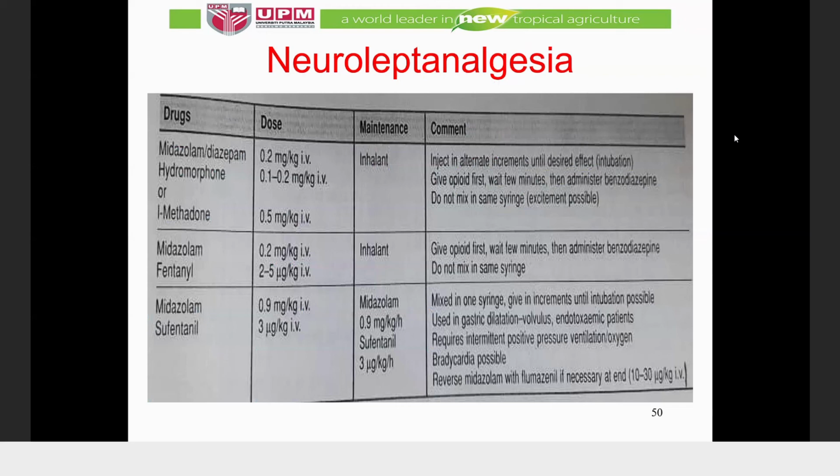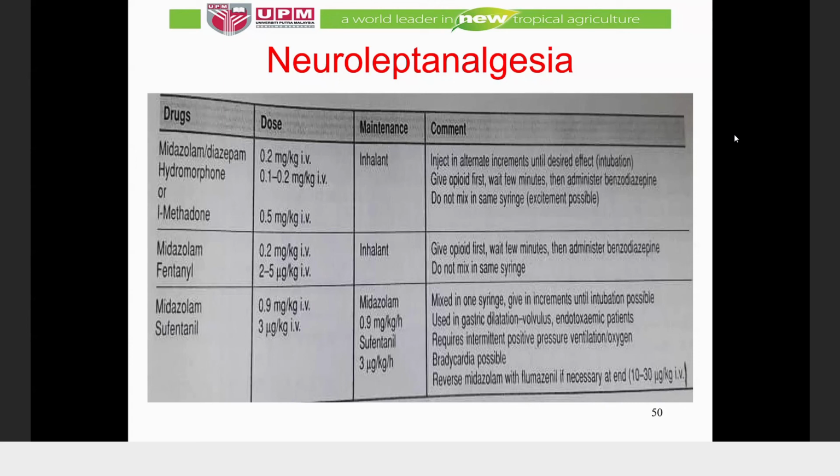For example, a combination of midazolam or diazepam with hydromorphone or methadone. You can inject in alternate increments: give midazolam first, then hydromorphone or methadone, and wait until the desired effects. Or give the opiate first, wait a few minutes, then administer the benzodiazepine.